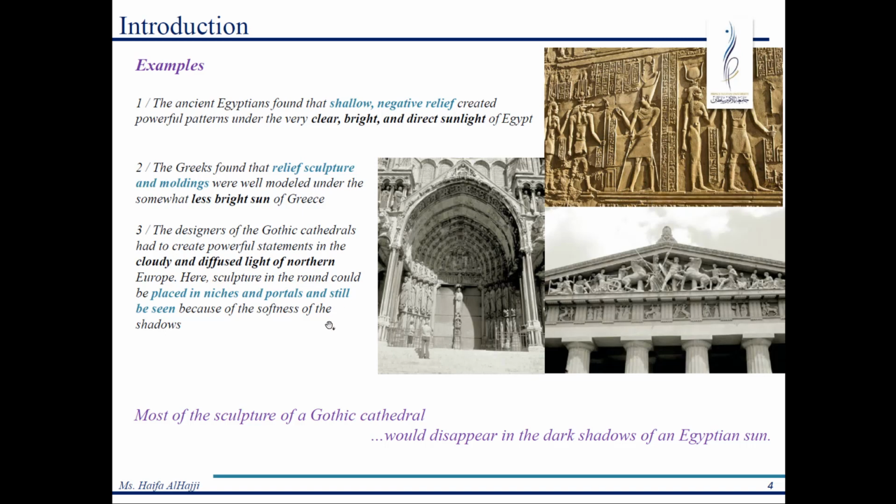Now let's have a look at how the Greeks used lighting in their architecture. The Greeks had a less bright sun in Greece. The sun mostly was overcast, so they had to create something. The form has to have more depth, so it can make use of the less bright sky.